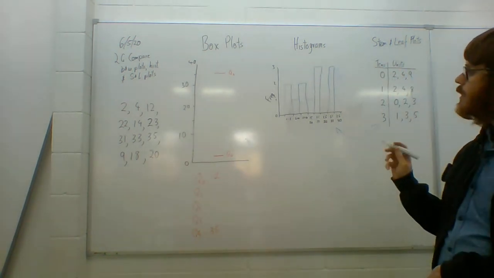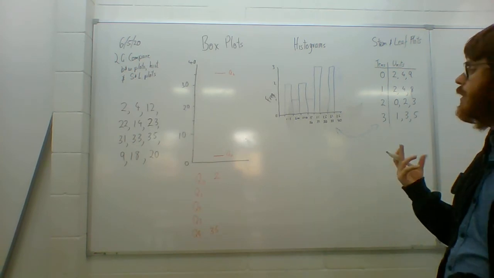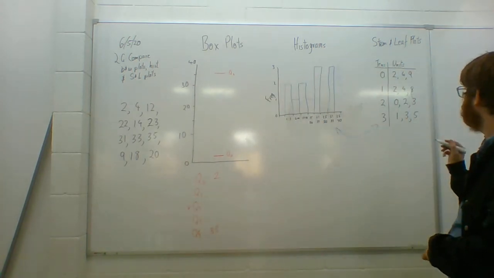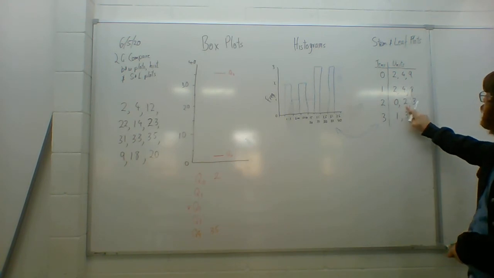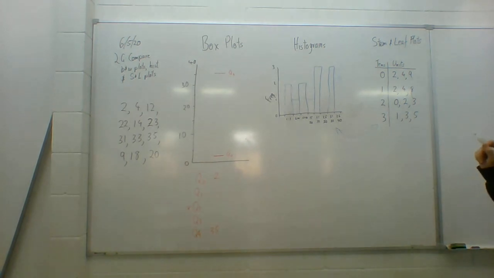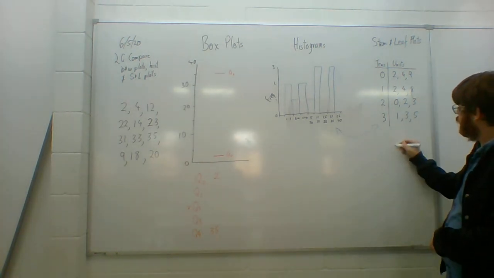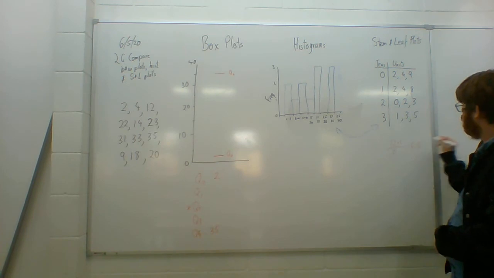To find Q1, Q2, and Q3, we need to first find the median. The median is another name for Q2. We have 12 data points, so our middle position is 12 plus 1 divided by 2, which is 6.5.